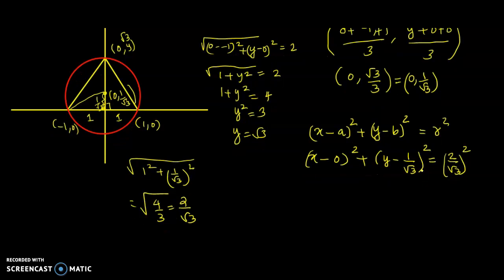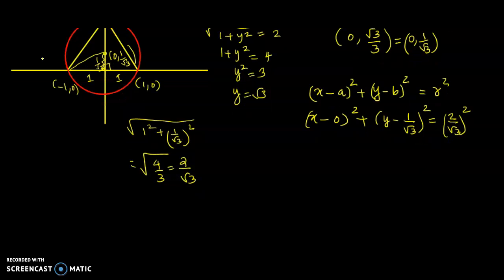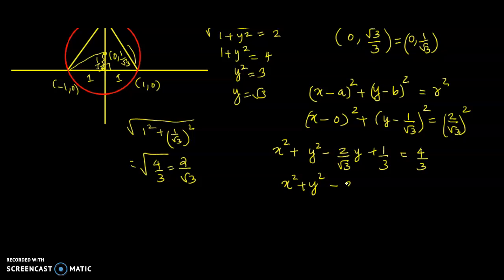Expanding this, x squared plus y squared minus 2 by root 3 y plus 1 by 3 is equal to 4 by 3. So it becomes x squared plus y squared minus 2 by root 3 y minus 1 is equal to 0.